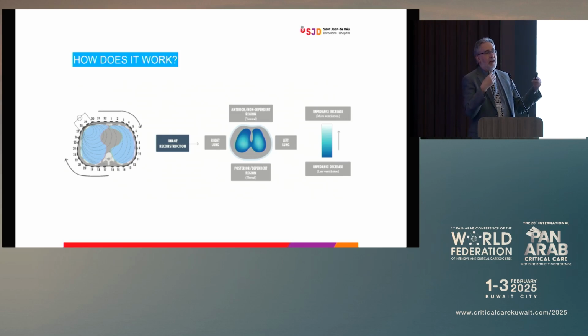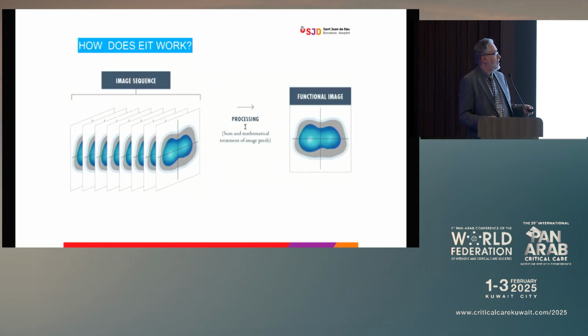So it's breath-to-breath information, and because the patients are tachypneic, sometimes it's confusing. After 2 minutes, you get a functional image. It's like a picture every 2 minutes of the situation of your lung. And you have the percentage of air in that area by quadrants: anterior, posterior, left and right. So you have a lot of information.